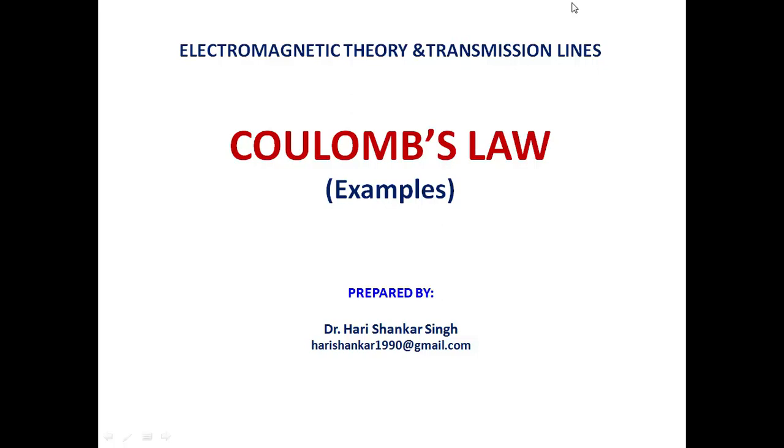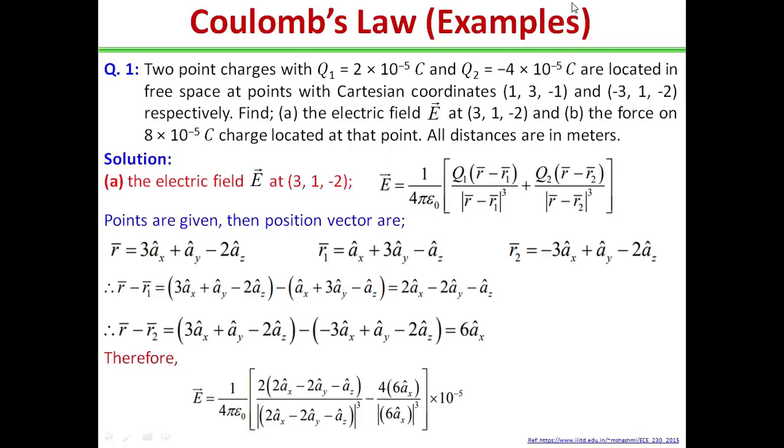So the first example is: two point charges, q1 equal to 2 × 10^-5 coulomb and charge q2 equal to -4 × 10^-5 coulomb, are located in free space at points with Cartesian coordinates (1, 3, -1) and (-3, 1, -2) respectively.